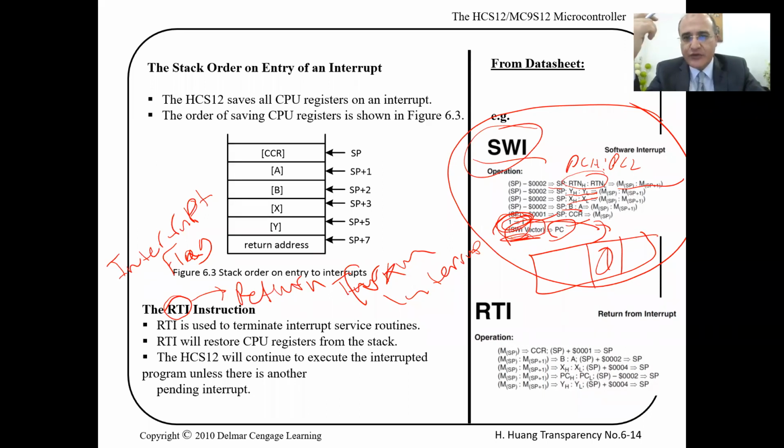Inside your interrupt service routine, before executing the return from interrupt instruction, you have to clear the flag. Because if you don't clear it, and this happens to many of you when you do your projects or lab experiments, remember this is important. If you don't clear the flag before executing the return from interrupt instruction, you will leave the interrupt.